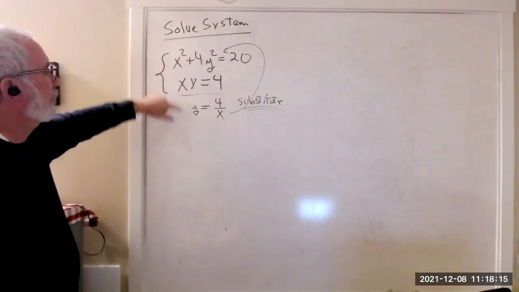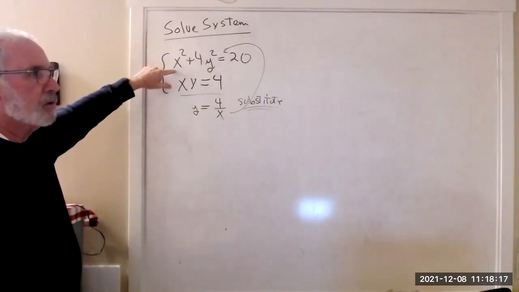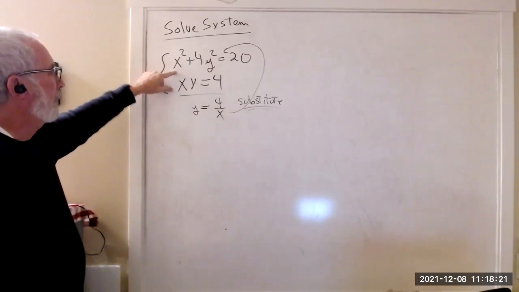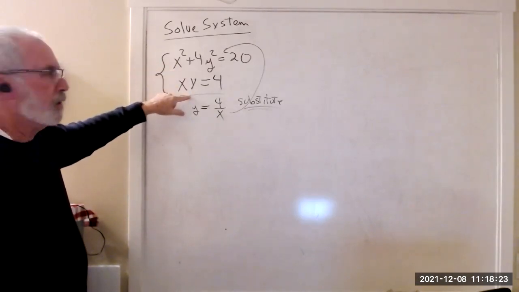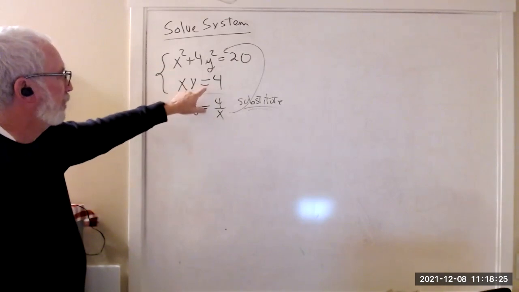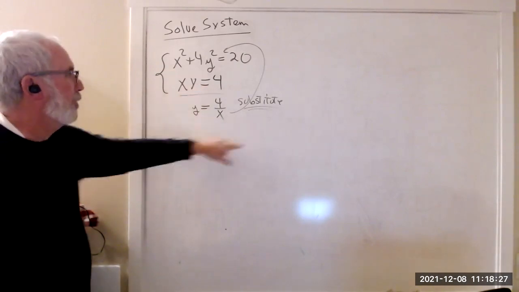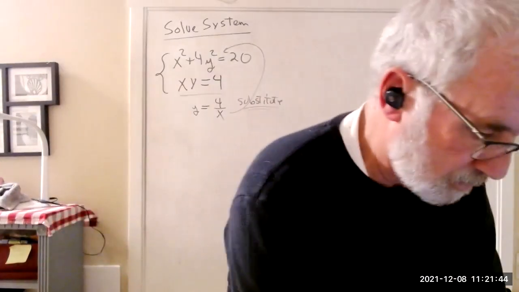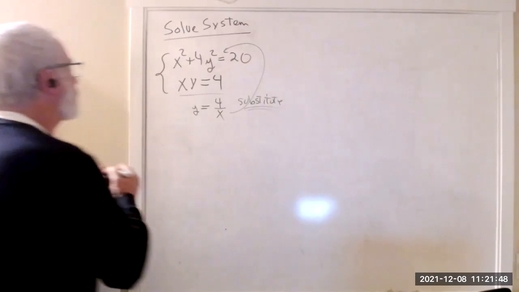Okay, so we're solving this problem. Ellipse, new hyperbola. I suggest that you take the bottom one, get y alone, and substitute in the upper one. I'm going to start doing it now.